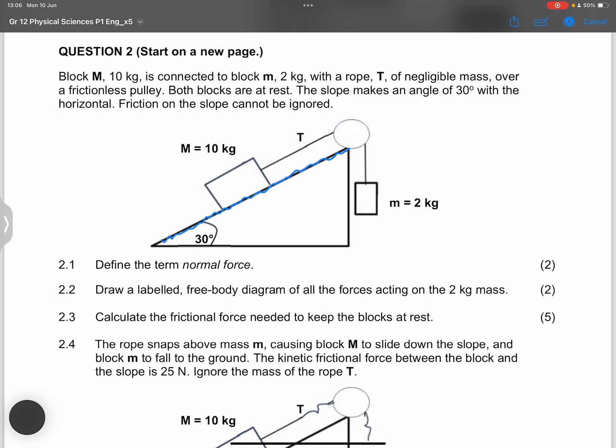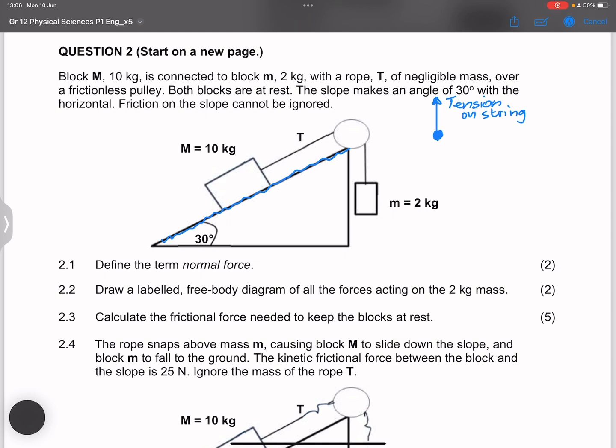They say draw a labeled free body diagram of all forces acting on the 2 kilogram mass. Now notice for the 2 kilogram mass, we know that we are going to have the tension of the string, as well as the gravitational force.